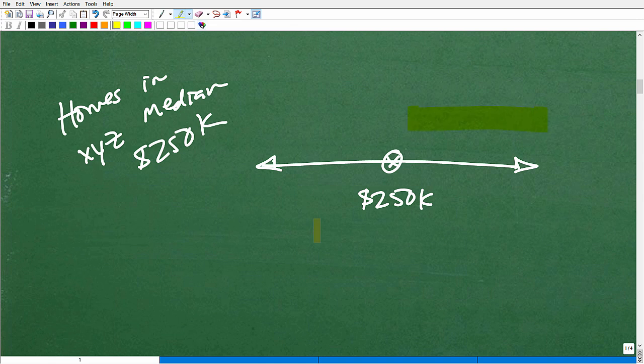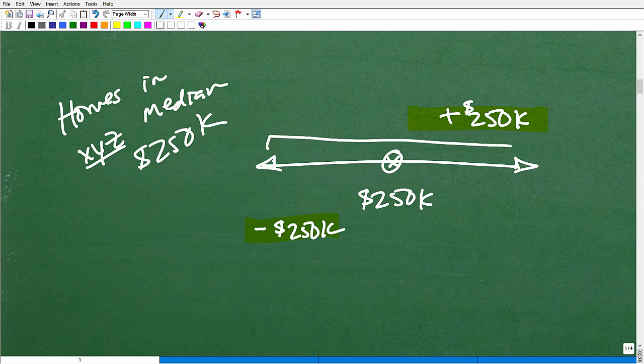So half the homes in that area, XYZ area, are going to be more expensive than $250,000, and half the homes are going to be less expensive than $250,000. Okay, so that tells us something, right? Now I didn't even need to know all the home values in XYZ area.